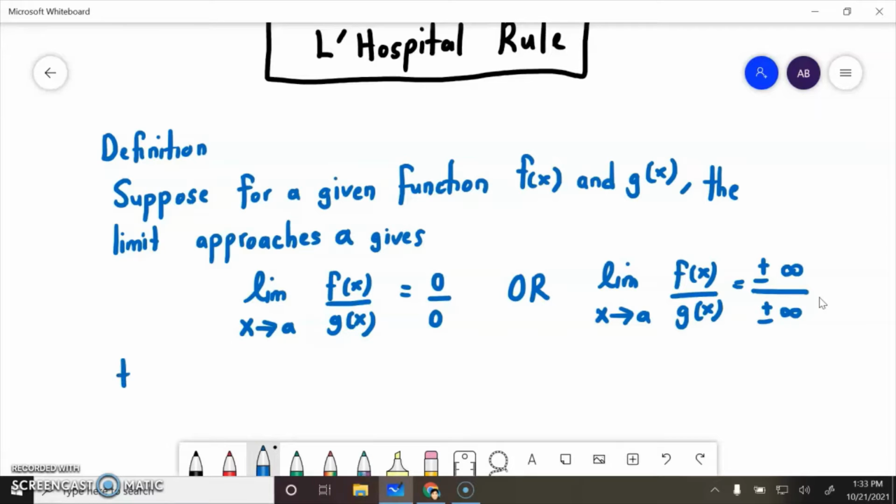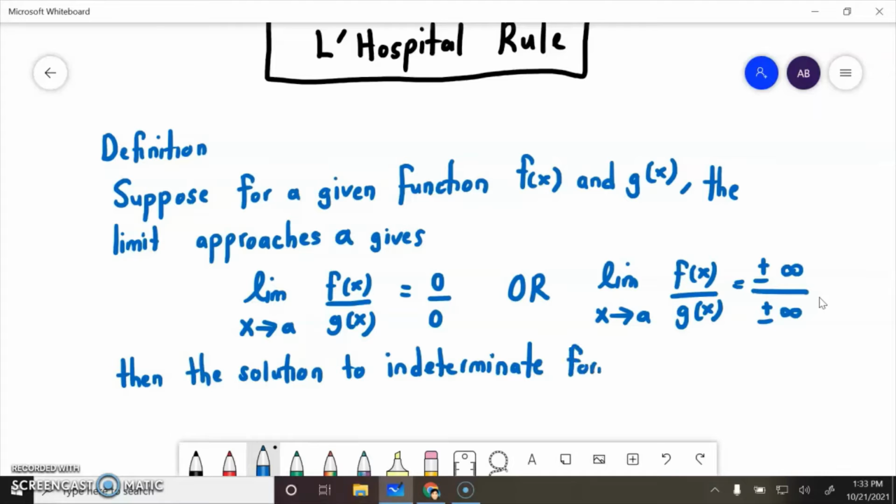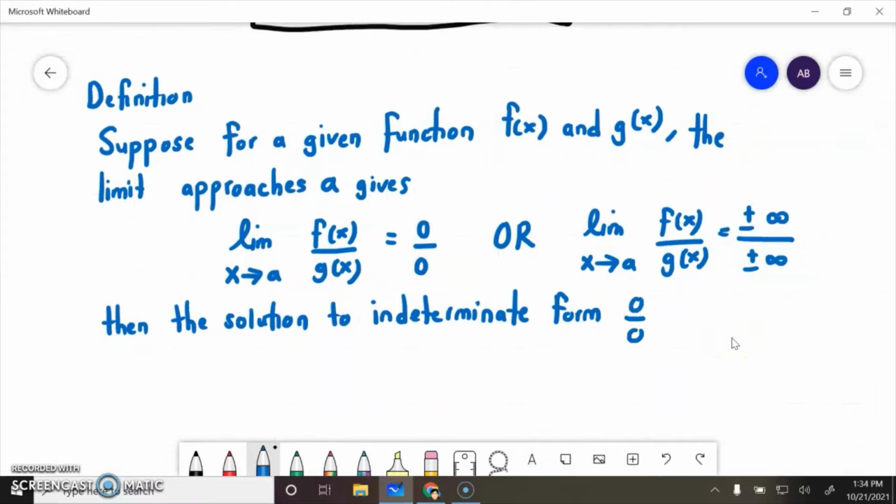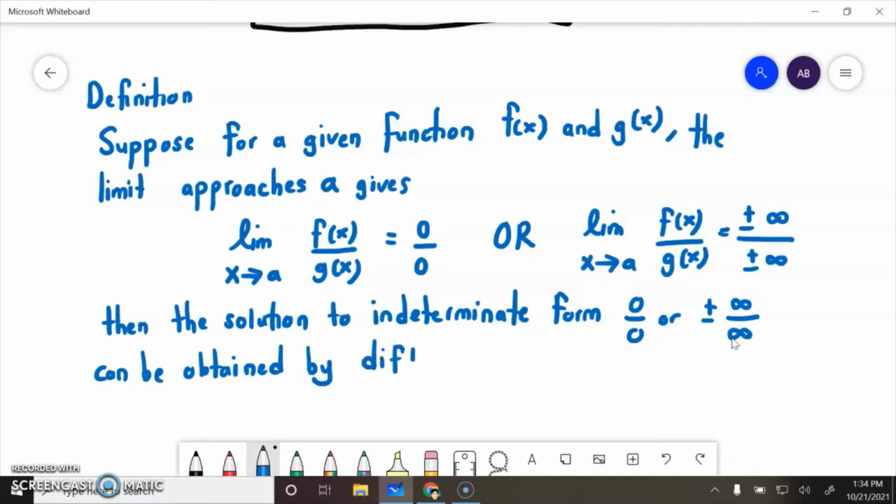Then the solution to an indeterminate form can be obtained. These are the forms: 0 over 0 or plus or minus infinity over infinity. It can be obtained by differentiating.